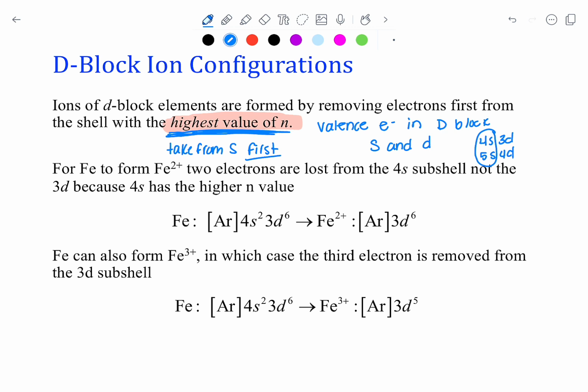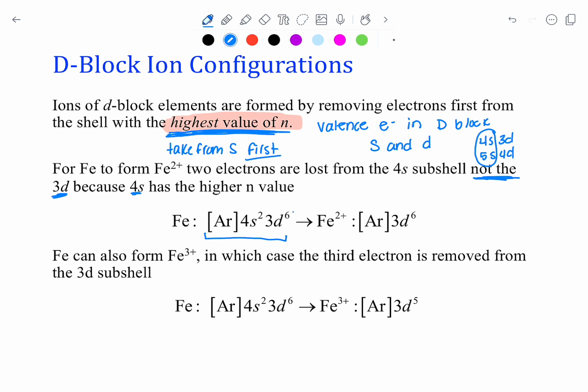So let's look at the example of iron. Iron is able to form an iron 2+ ion. So it loses 2 electrons, and those electrons are lost from the 4s subshell, not the 3d, because 4s has a higher n value. Here's iron neutral, argon 4s2, 3d6.